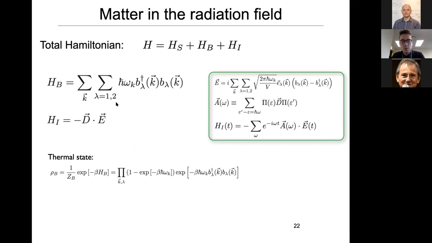If we want, we can substitute the Hamiltonian into this expression to show that the initial state of our environment can also be written in this form.